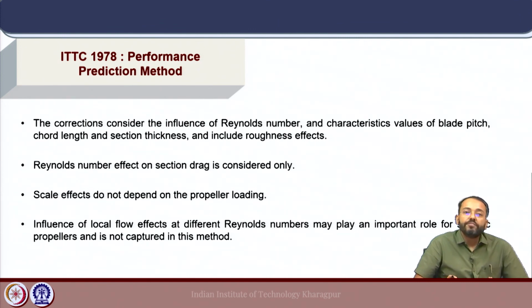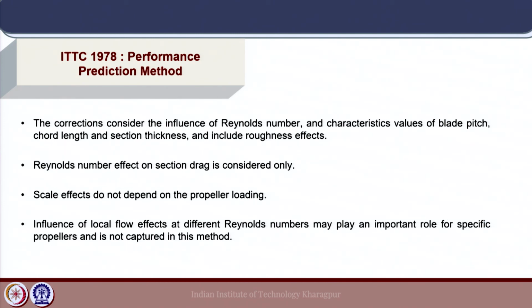We do not have any Reynolds number effect on the section lift in this particular method, but for actual cases it is observed that when we go from the model to the full scale, there are changes in the pressure over the propeller blade. So, the pressure distribution over the propeller blade also changes, and for that there are changes in the lift coefficients also for the propeller blade between the model and full scale, and that is not taken care of in this particular method.